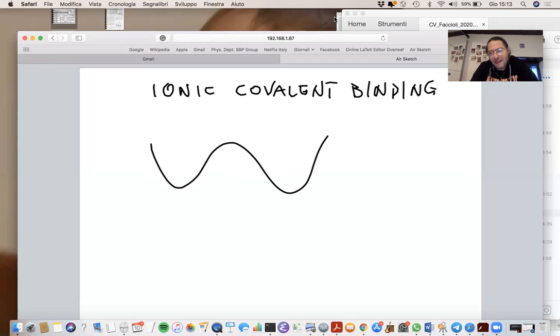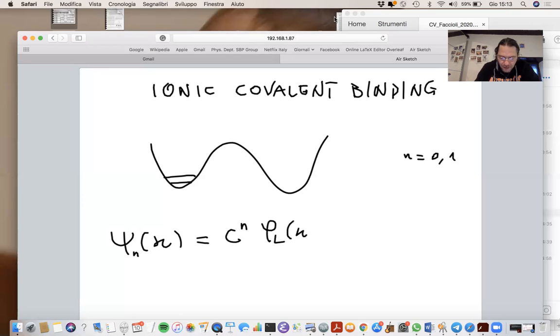we were playing a game. We were expanding the solutions of the wave function for the ground state or first excited state, so n is equal to either 0 or 1, as a linear combination of left and right states.